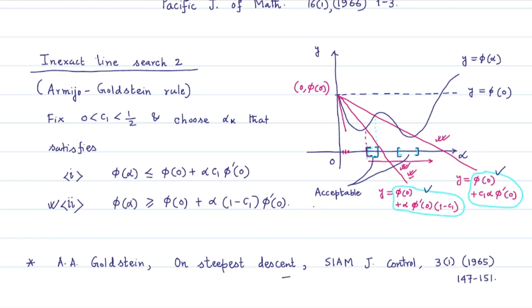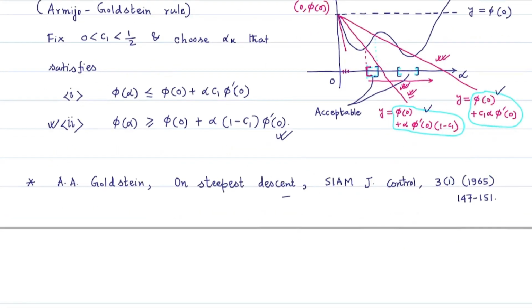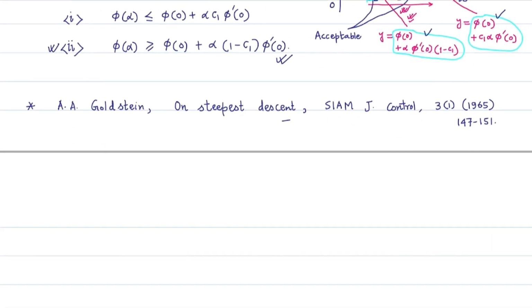Now here we notice that instead of considering this particular rule, the Goldstein rule, to avoid short step length, we could have also considered a similar rule, that you choose a value of C2 instead of 1 minus C1, and that C2 must lie in between half and 1. Then we notice that this Goldstein condition is equivalent to phi alpha minus phi 0 divided by alpha bigger than or equal to C2 times phi dash 0.